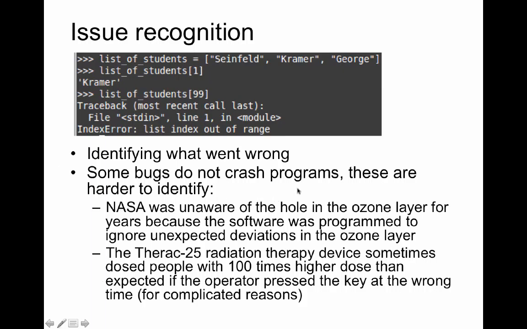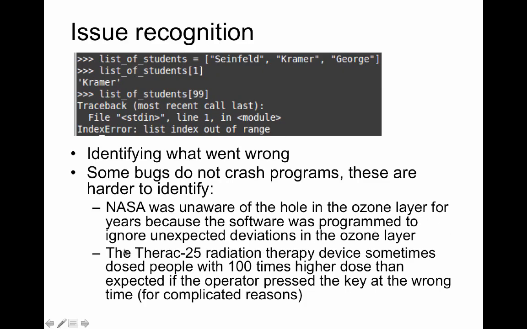There's one bug with the software that NASA was using: they didn't know about the hole in the ozone layer for a long time because the software they were using to analyze the ozone layer ignored unexpected deviations. So if the whole point was to identify places that look weird and your program says ignore everything that looks weird, you're not going to know about a giant gaping hole in the ozone layer, which they didn't for about 6 years.